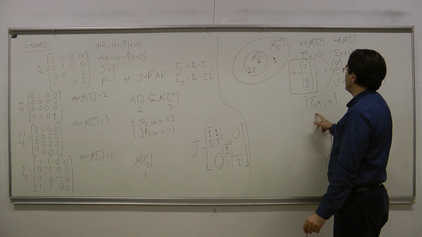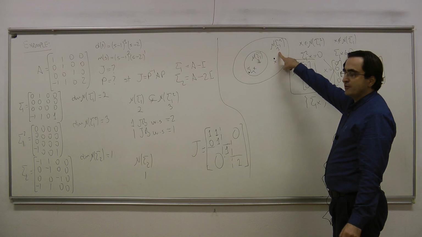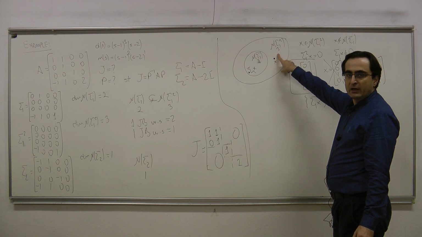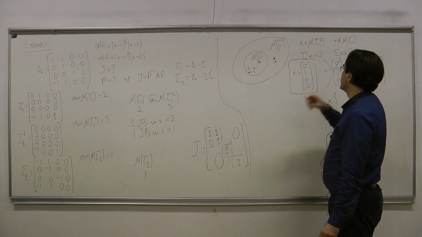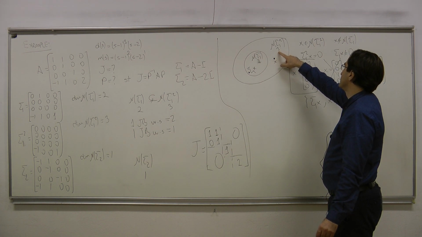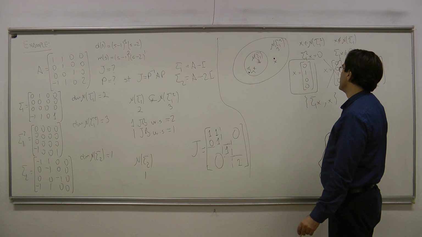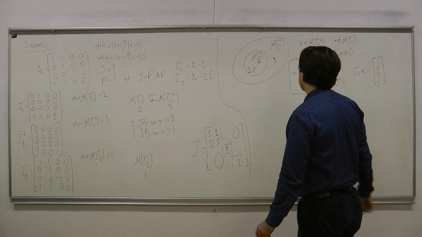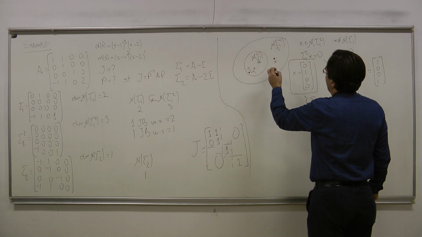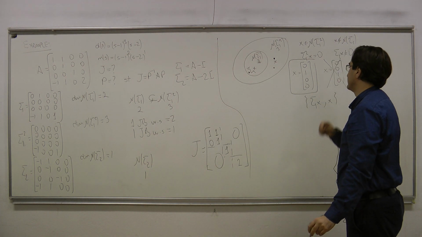I see that in the chain I have 2 linearly independent vectors, but this null space has dimension 3. That means that this single chain will not be able to constitute a basis for this largest null space. That means I need more chains in order to be able to find a basis for this largest null space.